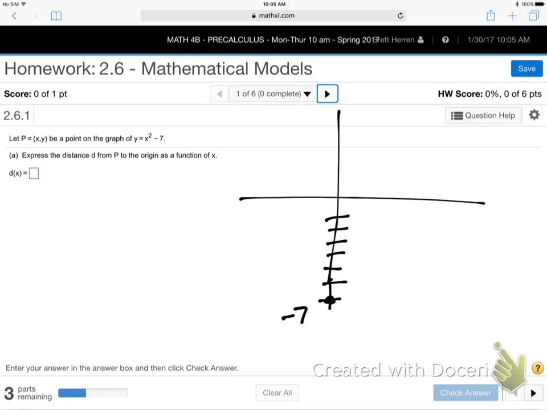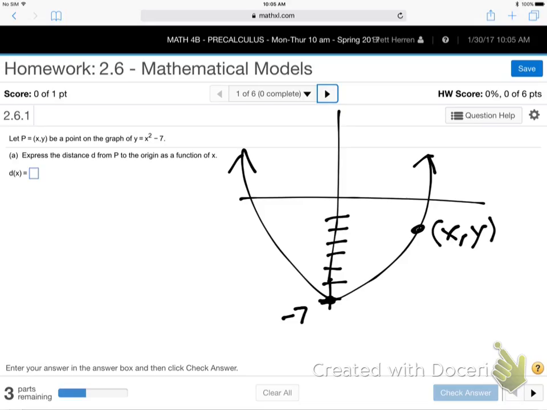All right, so generally it's a parabola something like that. Now, they're saying let P equals (x, y) be a point on the graph. So it's just some kind of point, call it right there. I don't know where it is. It's (x, y), some point on the graph. Express the distance d from that point P to the origin.